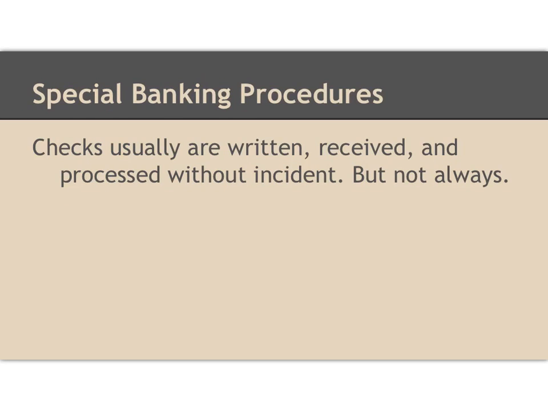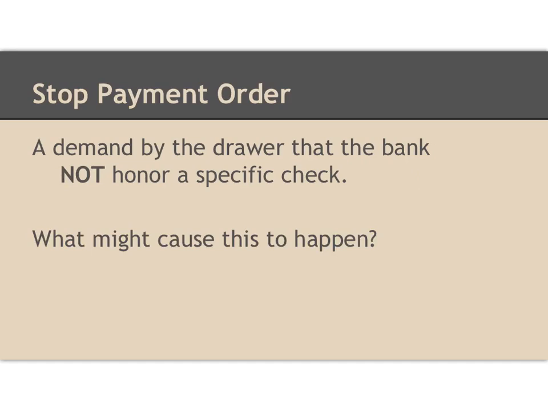Now, it is usually the case that checks get written, presented for payment, taken to the bank, forwarded to your bank, and taken out of your balance without any problem. Usually there's no incident, there's no trouble, there's no complications. Unfortunately, that's not always the case. And so there are some special banking procedures that we want to be aware of.